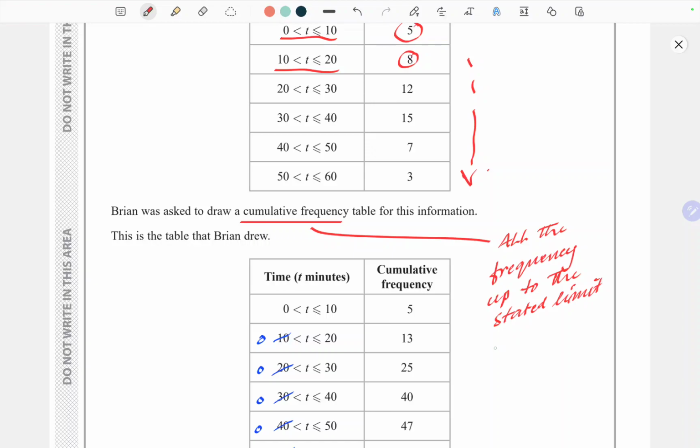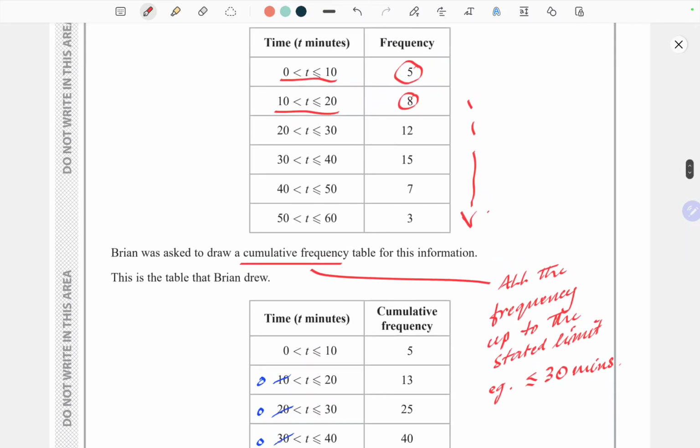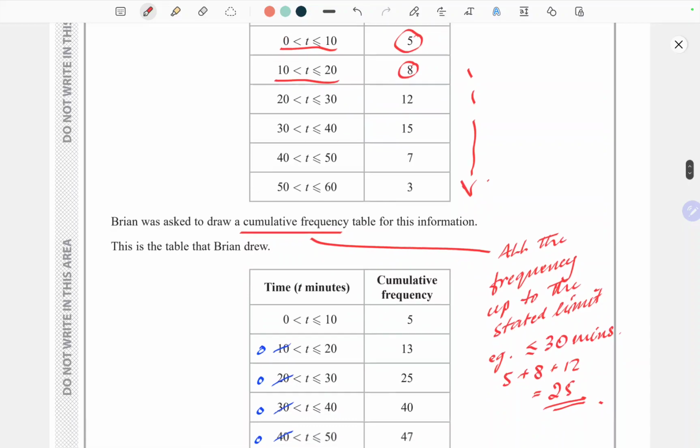Meaning, for example, less than 30 minutes. So how many people finished it in less than 30 minutes? It's the total. So in that case, you'd have, for example, 5 plus 8 plus 12, it's 25, just as an example. That's what the cumulative means.